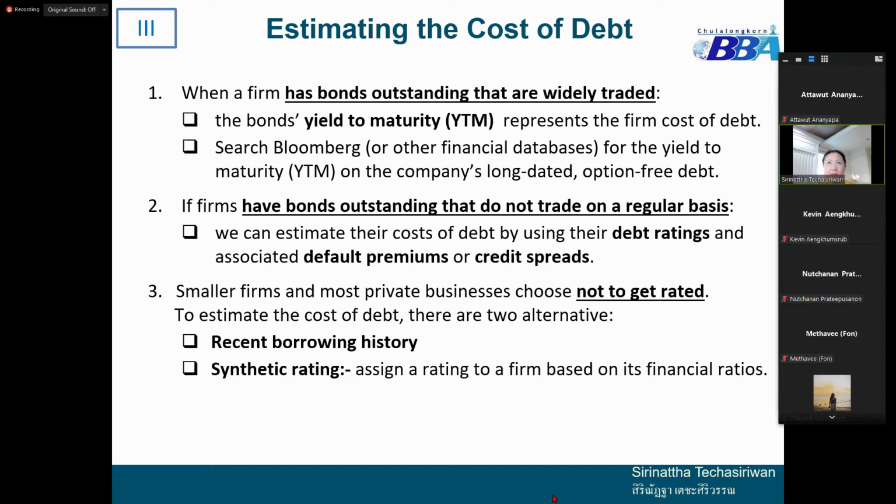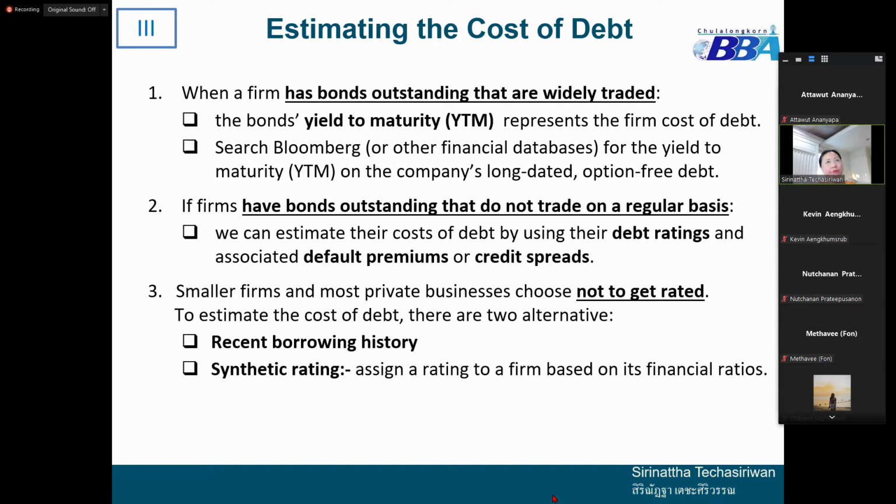So what you need to do is to estimate the yield to maturity based on comparable debt, right? But this one is easier because debt has a credit rating, right? So you can simply look at another company with the same credit rating as the company that you want to analyze.